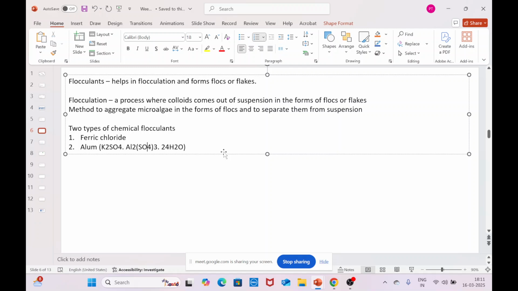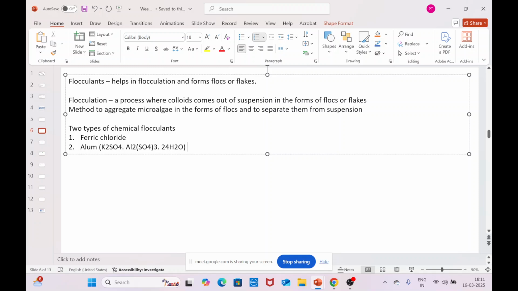So these two are the flocculants that are used in the microalgae process, so that they typically form flocs or aggregates, and then they can be separated from the suspension.